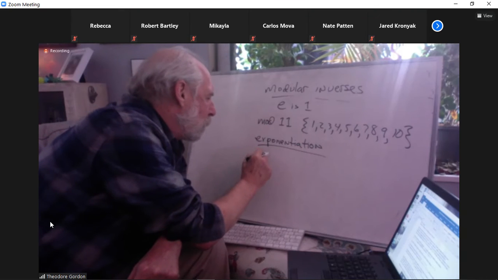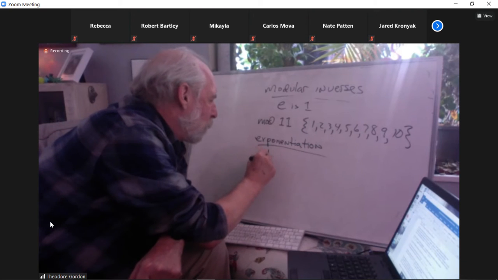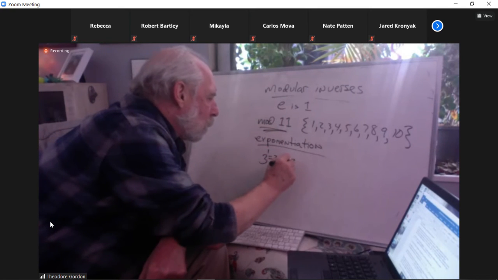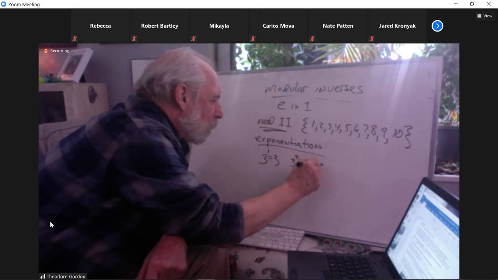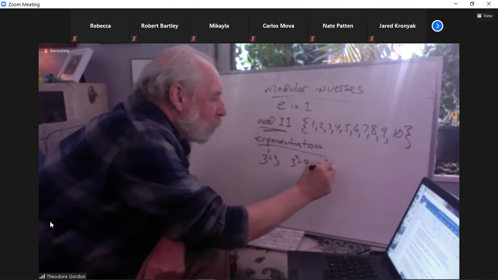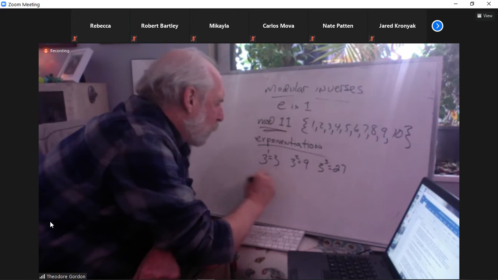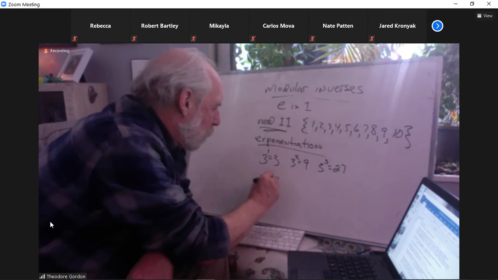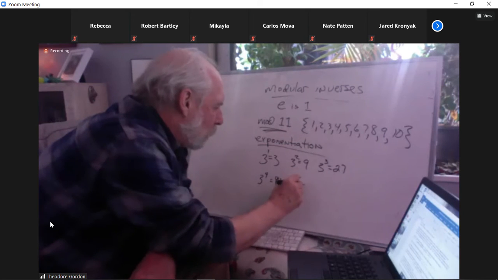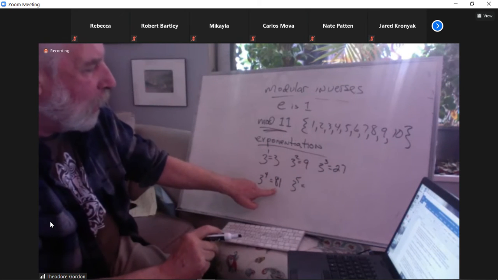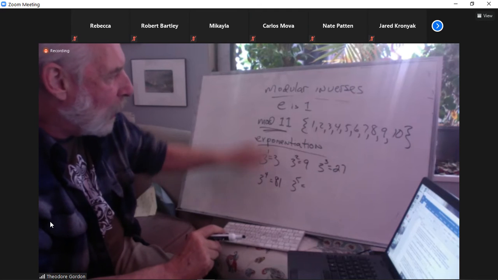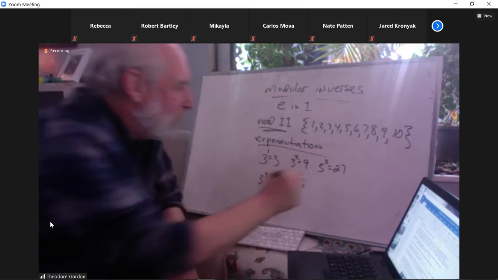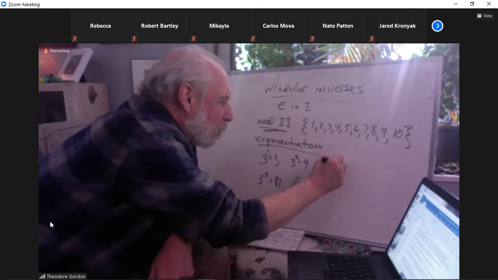So 3 to the first is 3, and we're working mod 11 here. 3 squared is 9. 3 cubed is 27, but we don't have a 27 mod 11, so this is actually 5.